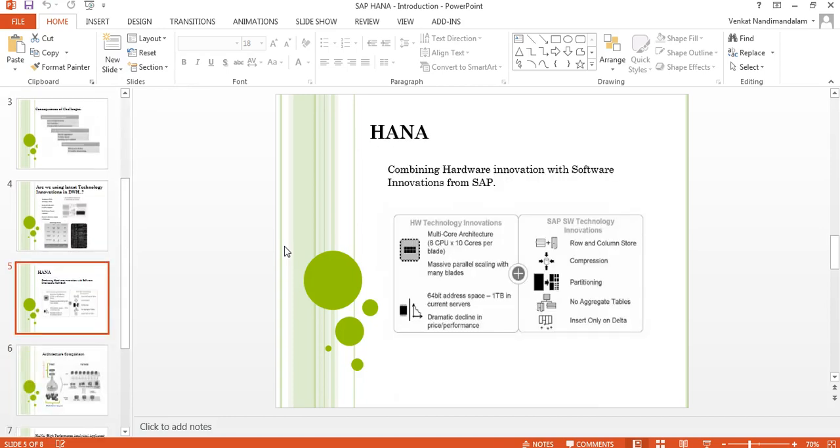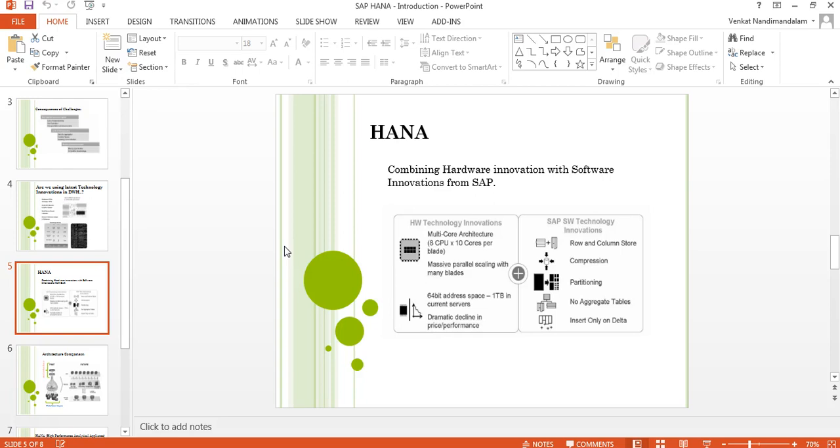So that is where HANA comes into the picture. HANA is a combination of both software innovation from SAP as well as hardware innovation from Intel.